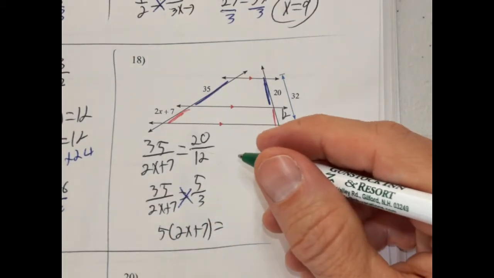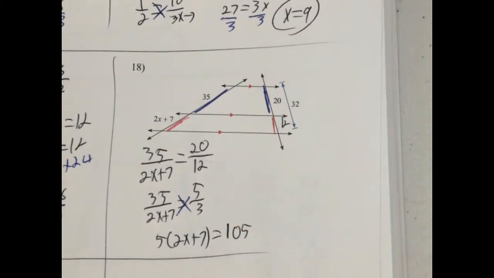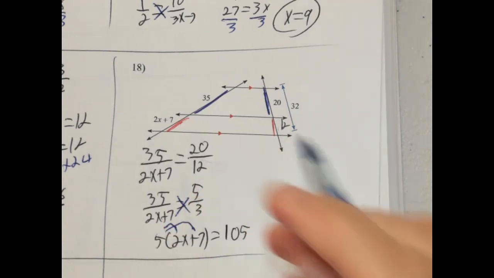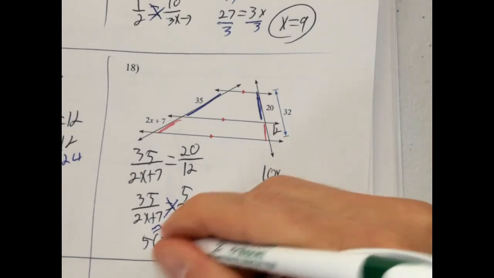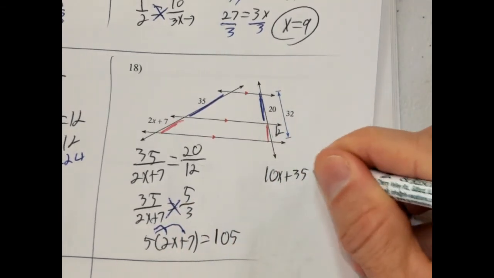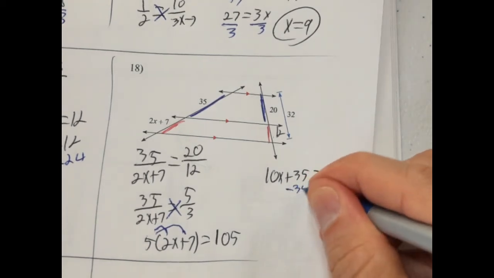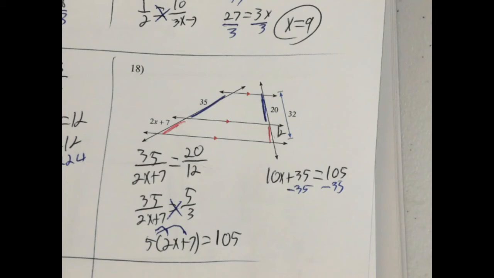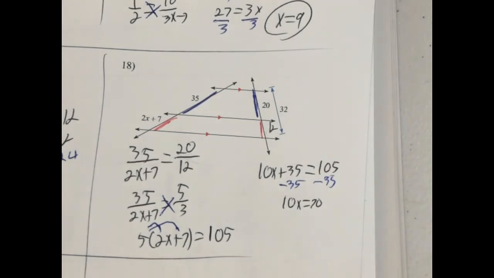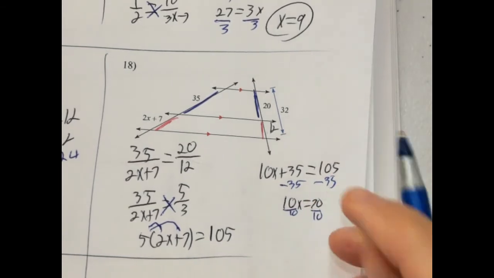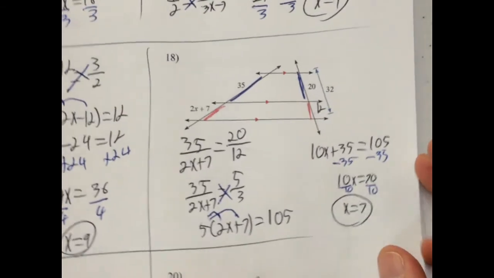So 35 times 2 is 70, so 105. Now we're going to distribute that 5. So 5 times 2x is going to be 10x, and 5 times 7 is plus 35, equals 105. We're going to subtract 35 from both sides. That should equal 70. Yep, 10x equals 70. Divide by our coefficient, which is 10, and x will equal 7. There we go.